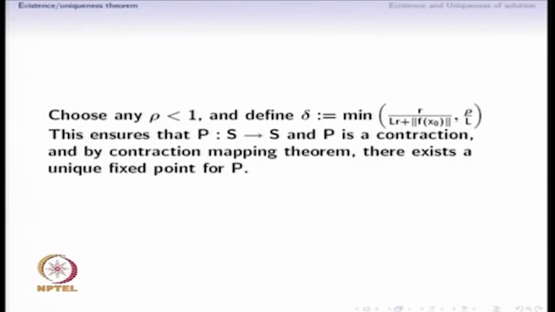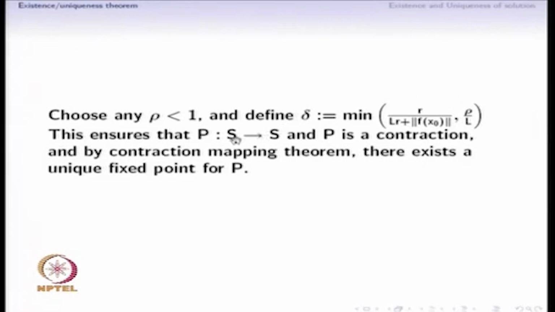So, finally, we do as follows: choose any rho strictly less than 1 and define delta to be the minimum of these two quantities. Notice that the first we had called delta 1, the second one we had called delta 2, and when we take the minimum of these two quantities as delta, it will ensure both.